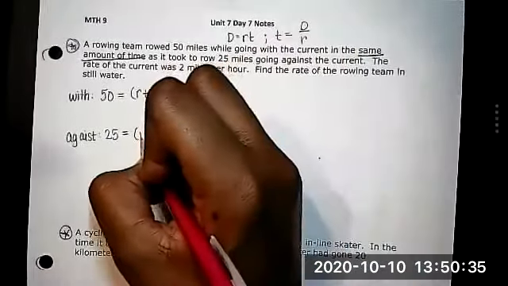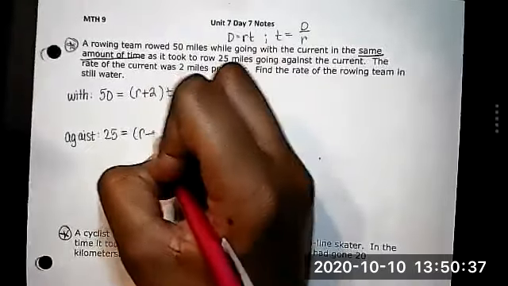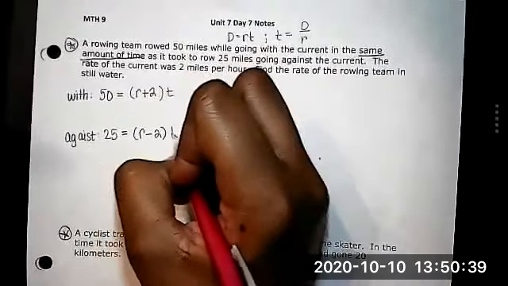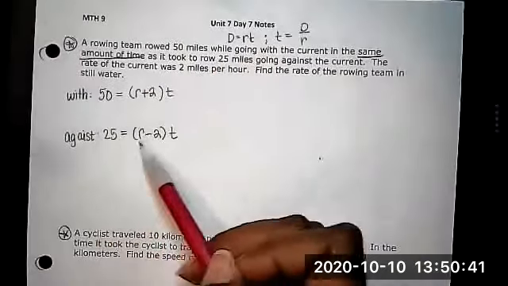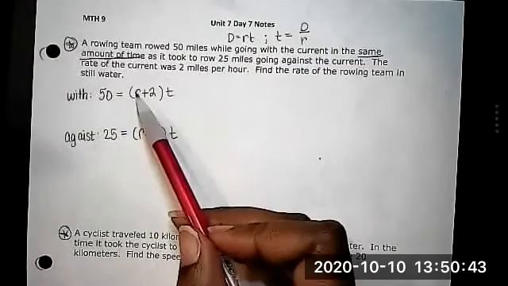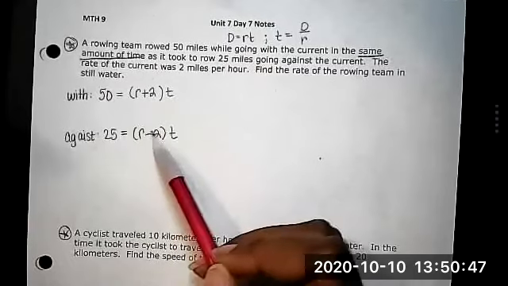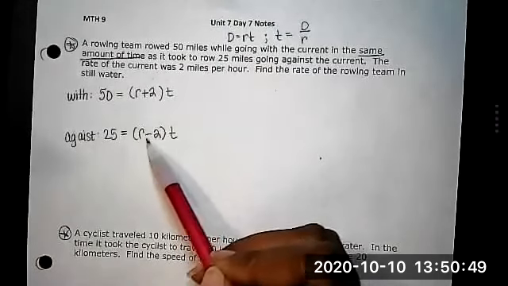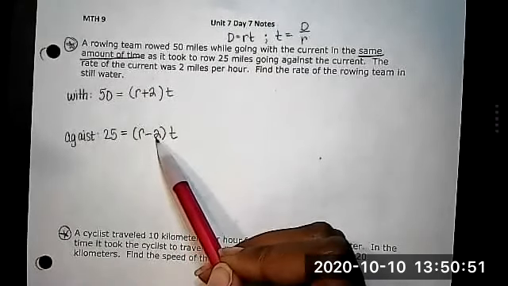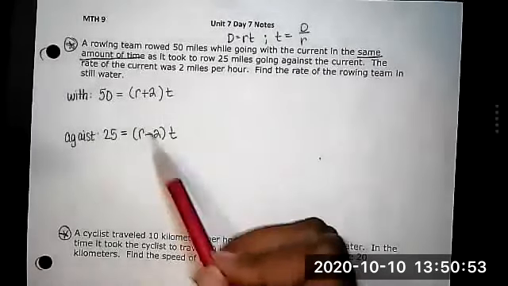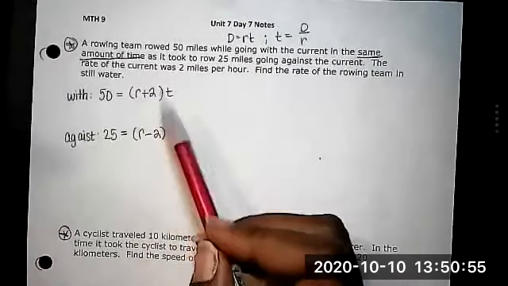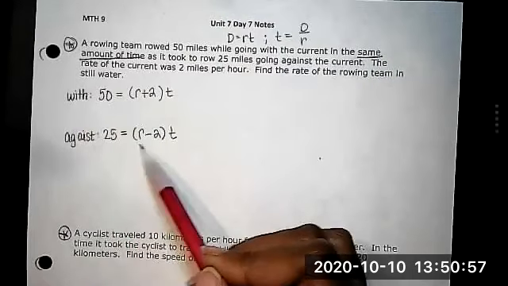And if you're against the current, you have to subtract the 2 from the rate, because now you're going against the current. With the current, that 2 is going to help you, but against the current, it's going to be minus 2. It's going to hurt you, okay? So these are what our equations look like when you're with and against.